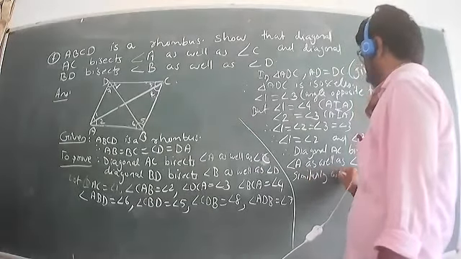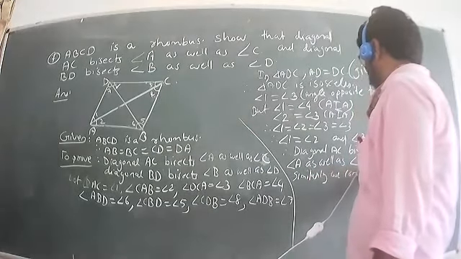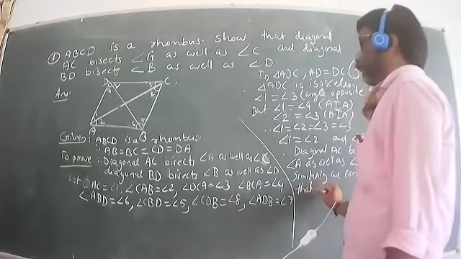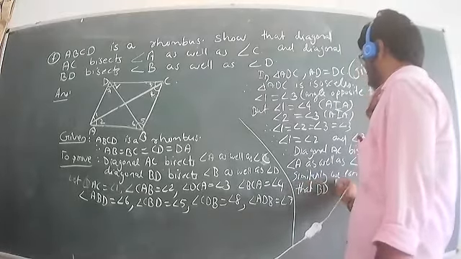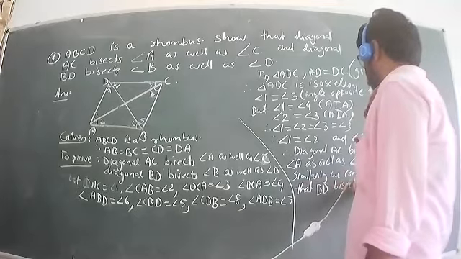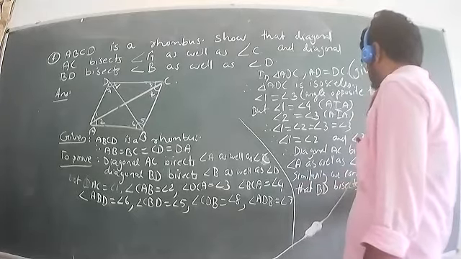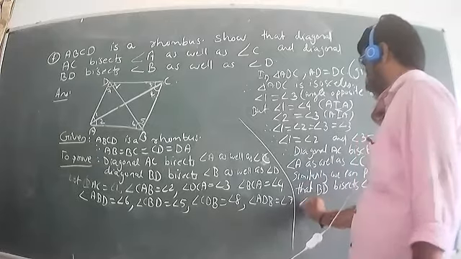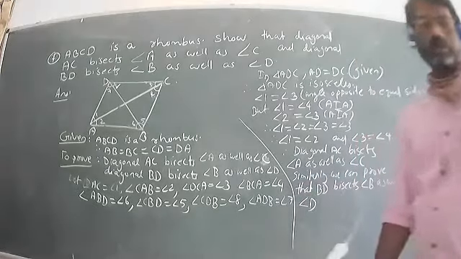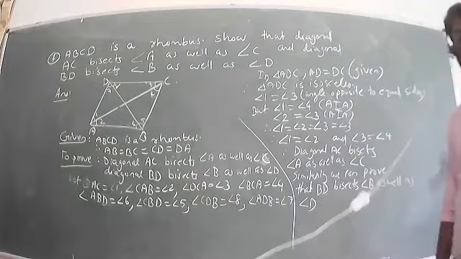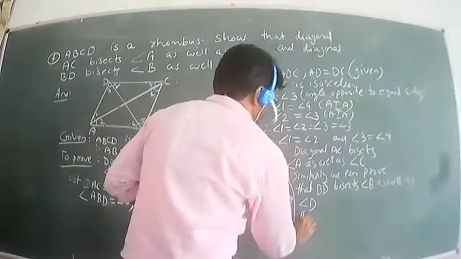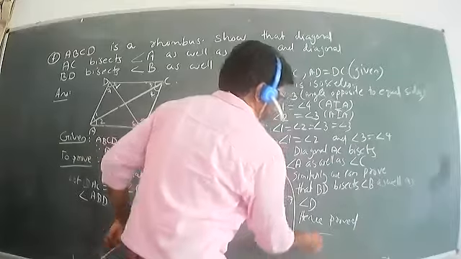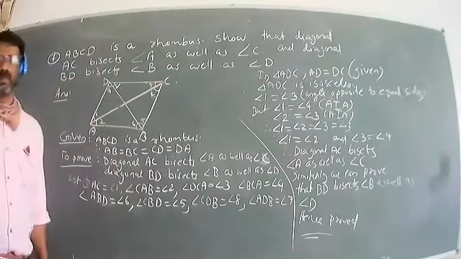Similarly, we can prove that BD bisects angle B as well as angle D. This much only. So this is a proof. Hence proved. This is a proof. You can note down.